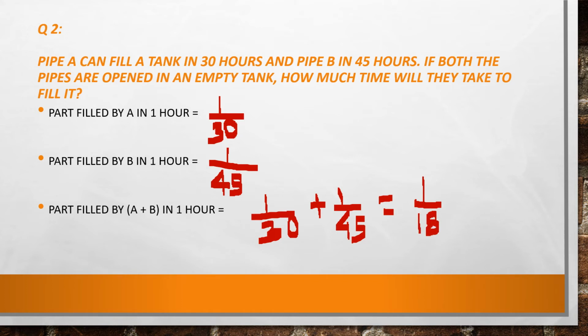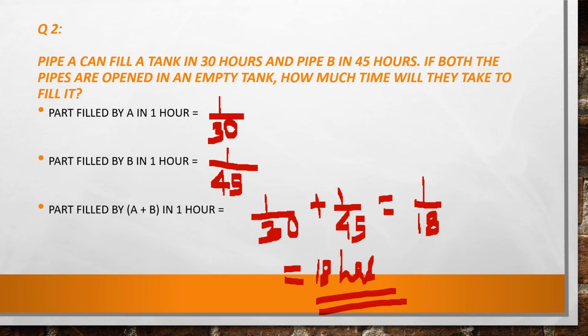That means the time taken to fill it up is given by the reciprocal of this. 1 by 18 reciprocal edukanam. That is 18 hours. You take 18 hours to fill the tank using both the pipes. Hope you are clear.